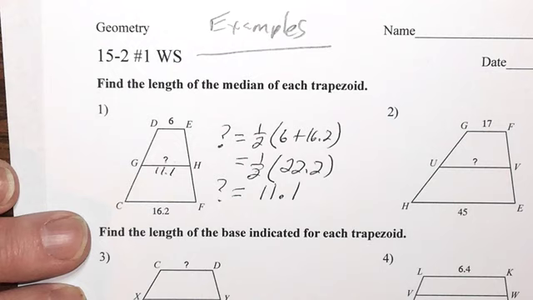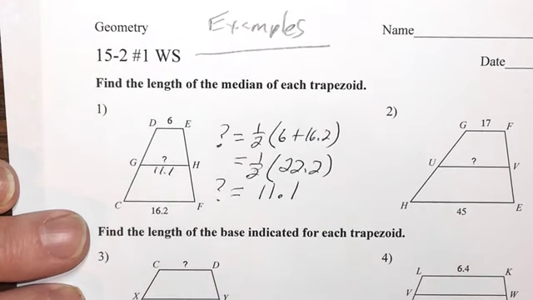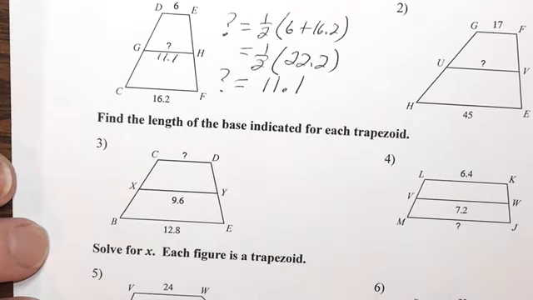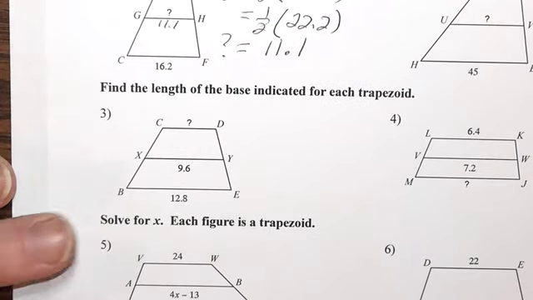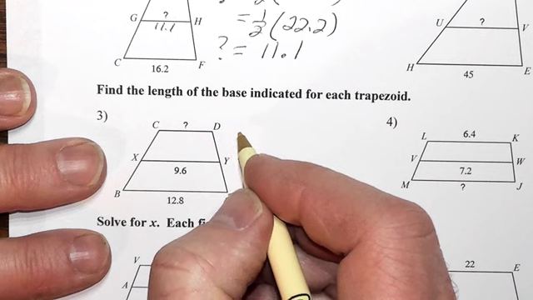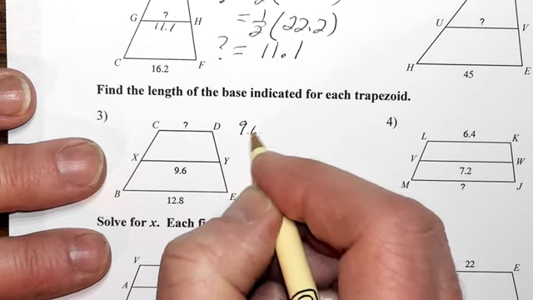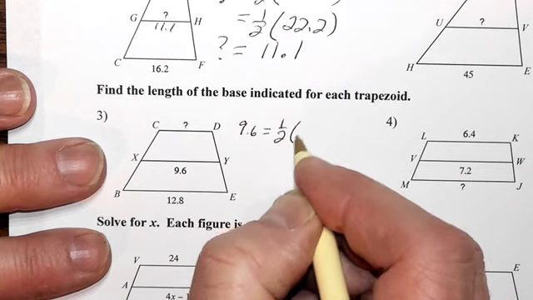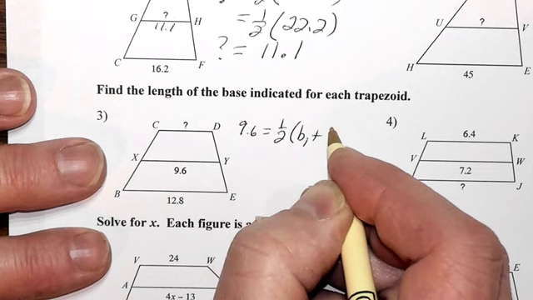All right, numerical examples are really easy. Now, what if I gave you the median and one of the bases and we want to find the other one? Well, we can still set it up the same way. The median is 1/2 of base 1 plus base 2.